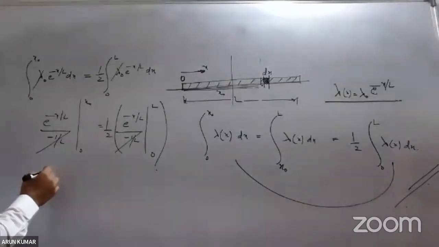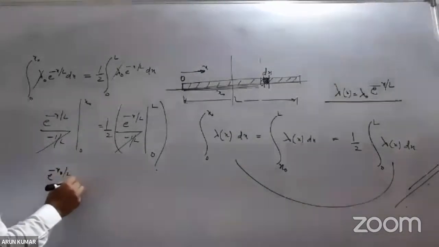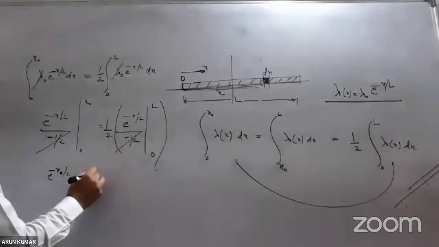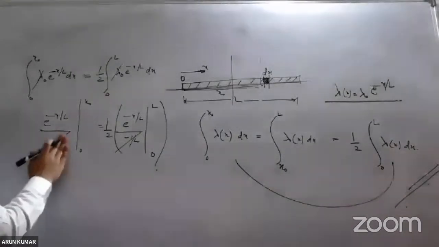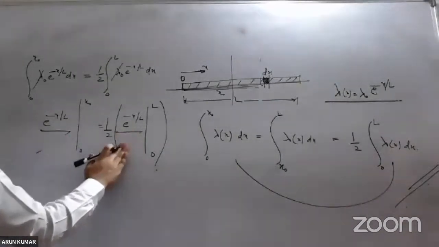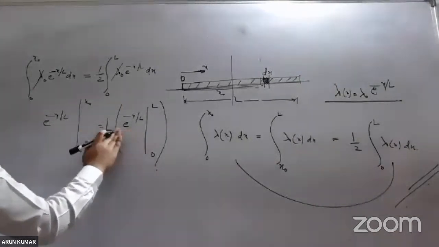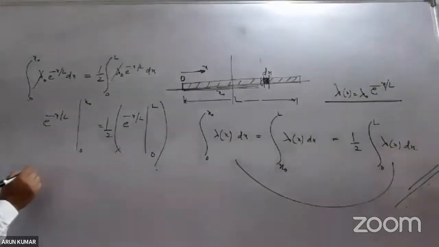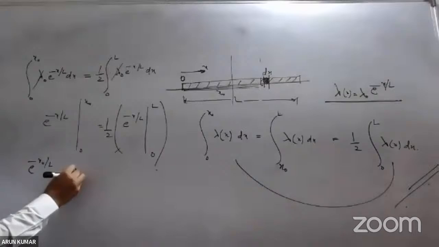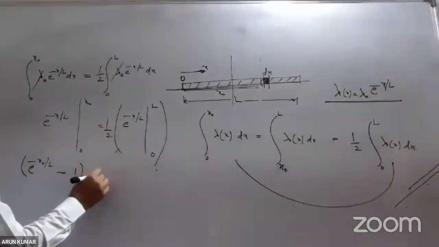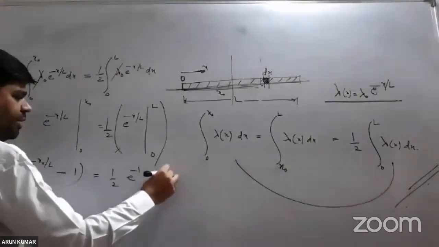Upper limit, e power minus x naught by L minus, okay, I've got a negative here. So what I'll do, no negative, right? Minus 1 by L, minus 1 got cancelled out. So I have e power minus x naught by L minus 1 is equal to half of e power minus 1 minus 1.